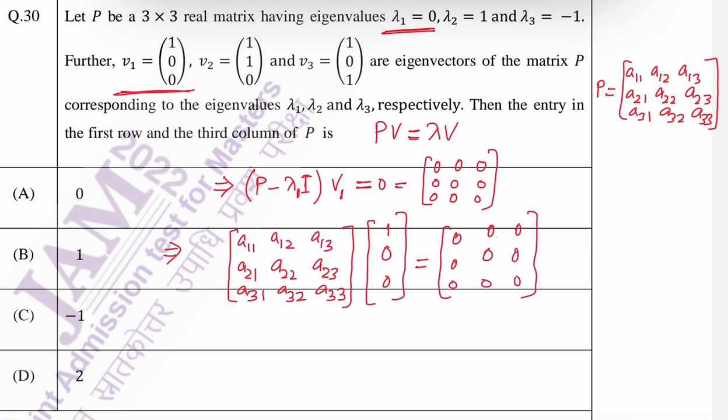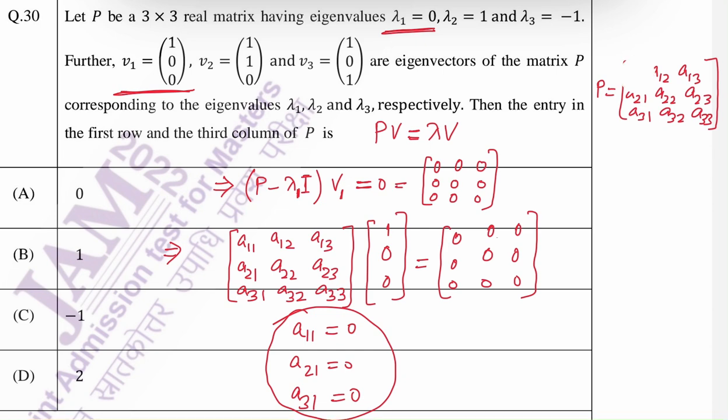Now if you compare, then we have A11 equals 0, A21 equals 0, A31 equals 0. So using the first eigenvalue and eigenvector, we got these things. Okay, so accordingly I make the change here.